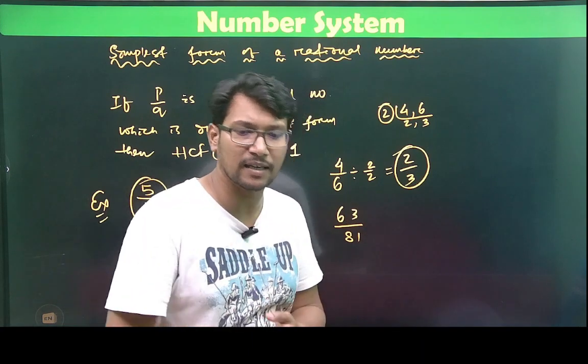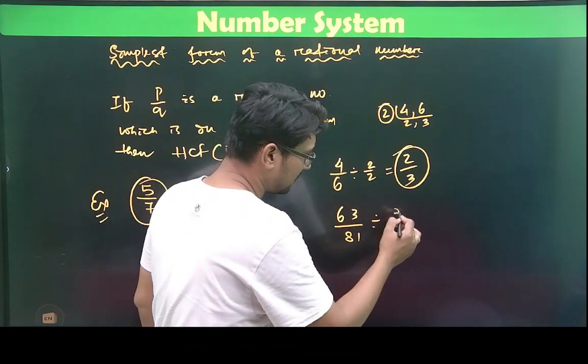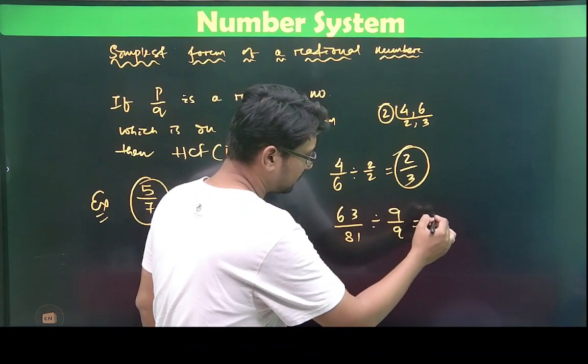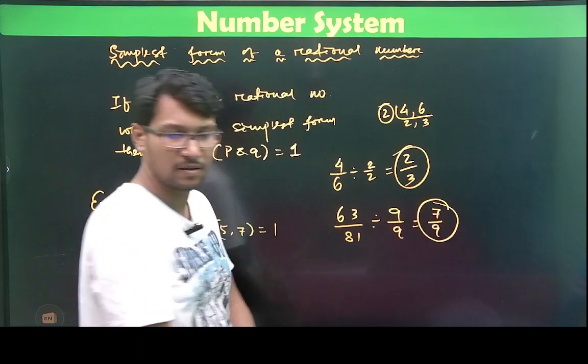Then how can we write the simplest form? Divide. Then how much will we get? 7 by 9. So this is the simplest form. Are you clear?